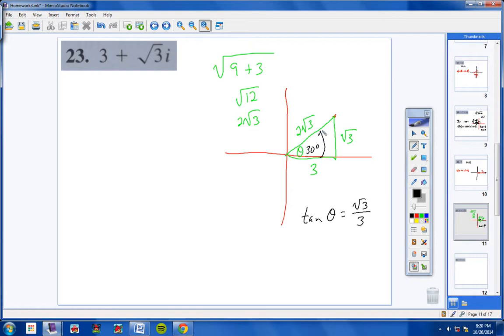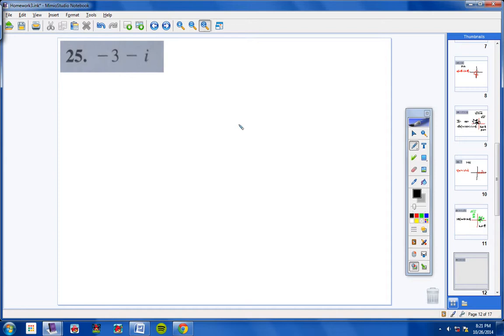So from here to here is also 30 degrees. So the trig form would be my absolute value, or hypotenuse, 2 square root of 3, cosine of 30, which is pi over 6, plus i sine pi over 6. Okay, there we go. Let me check the back of the book real quick, and we will continue on. Yes, that is correct. Okay, moving on to number 25.